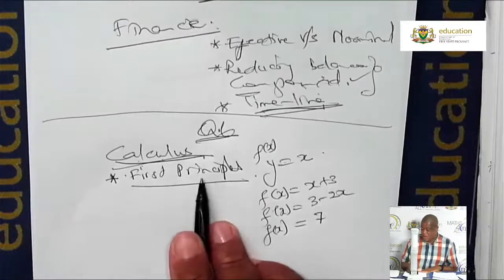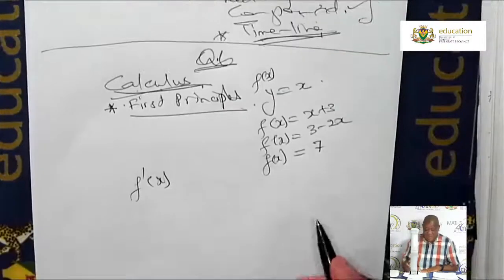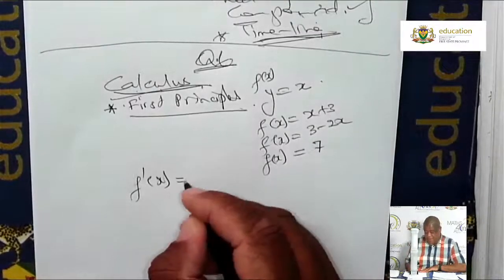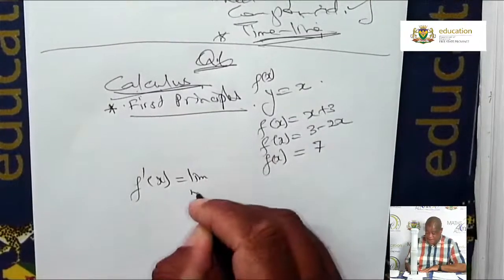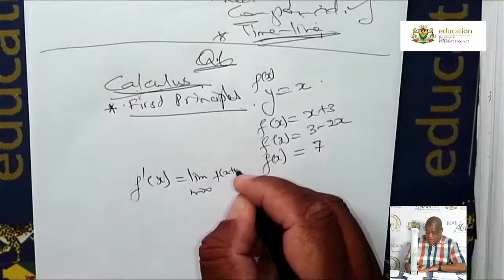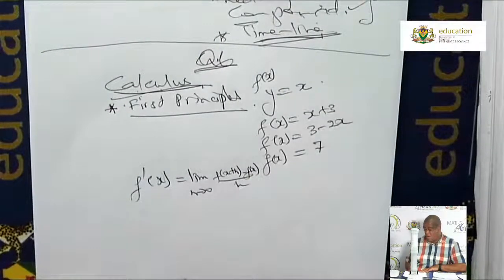Once they say differentiate using the first principle, the expectation is that you get the formula from your formula sheet: f'(x) equals the limit as h approaches 0 of f(x plus h) minus f(x), all over h.